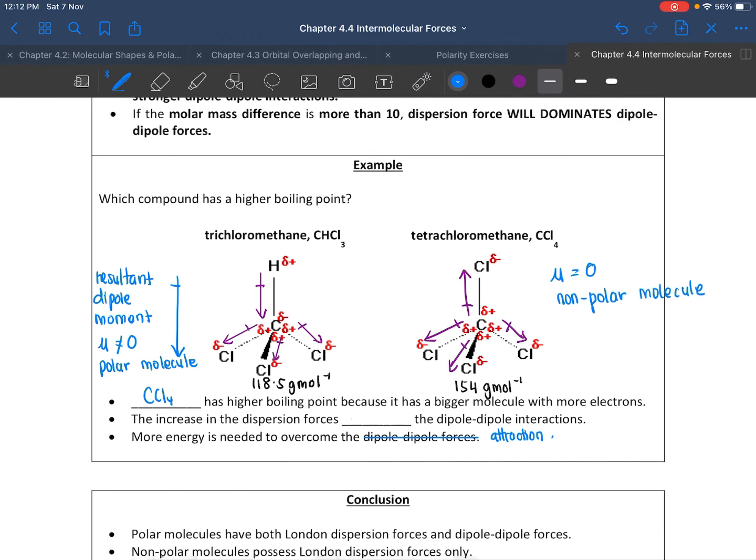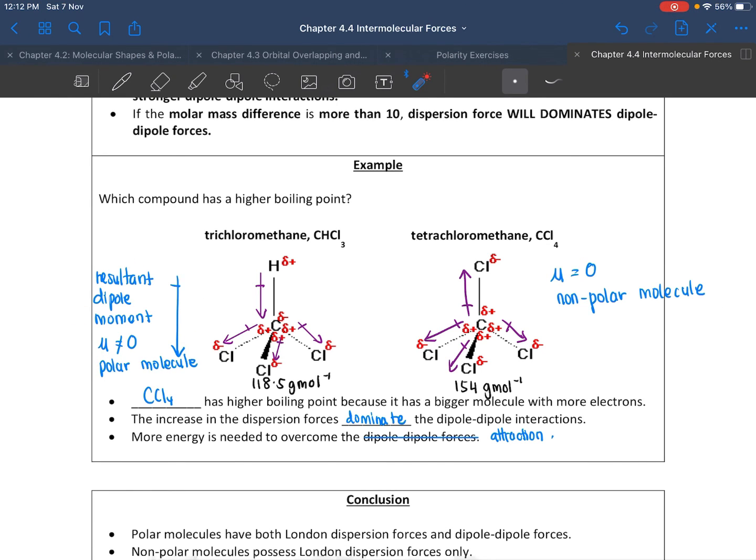So, tempat kosong sini adalah dominate. Okay, so the increase in London dispersion forces dominate the dipole-dipole interaction. So, more energy is needed to overcome the attraction. Okay, so please cross out dipole-dipole forces ni. Saya tersalah tulis. Okay, so dekat sini sajalah saya tulis benda-benda ni untuk distract kamu.